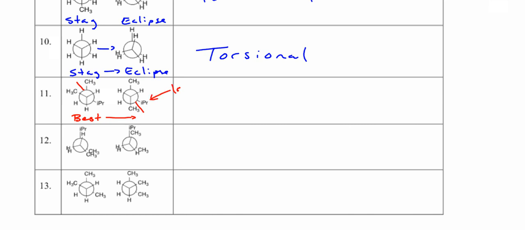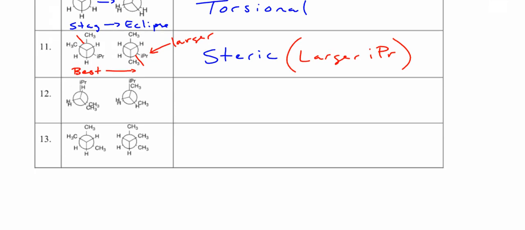So this is larger. The larger the mass, the more electrons, the more repulsion. So any kind of strain that is a result of atoms is always steric. So you had the same amount of gauches, but the larger isopropyl causes the second one to have a larger strain.